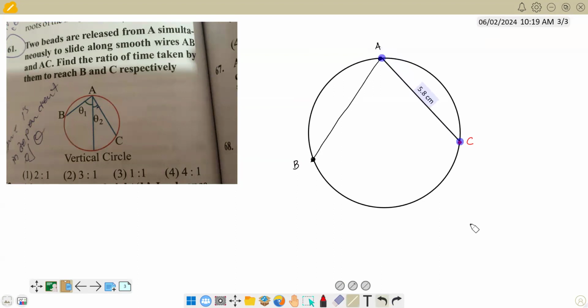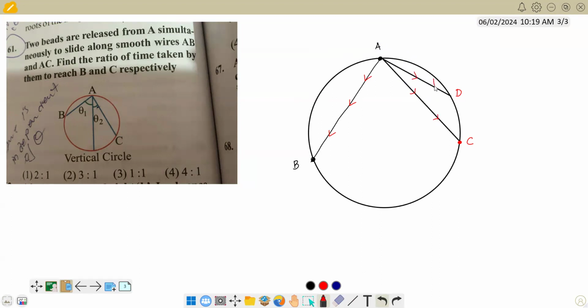It could be some other random point also, like I can take a very small path, some D. And remember, the body is not traveling on the circle, it is traveling along these paths.